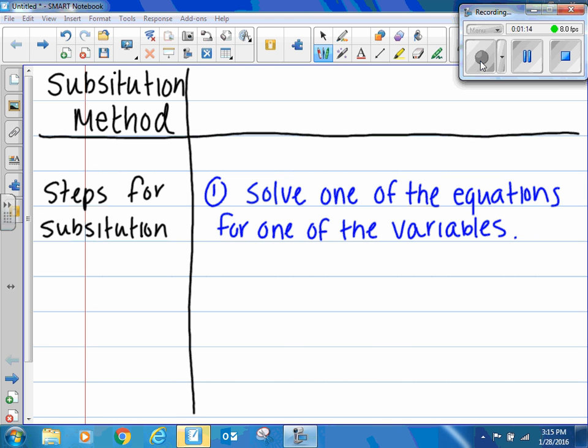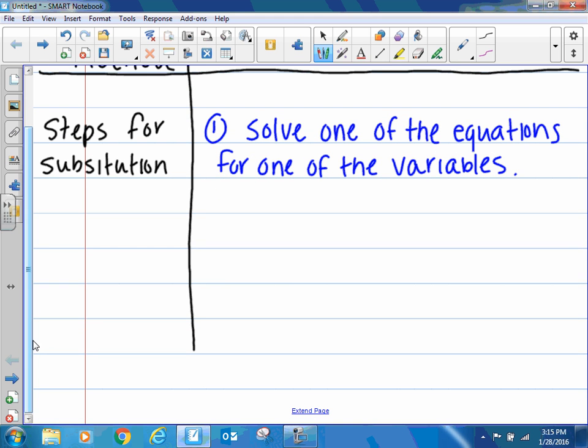It does not matter which one you pick to start with. I usually go with the one that's easier to solve, and you're going to see what I mean when we look at some examples. So the first step is just solving one of the equations for one of the variables, and it does not matter which one.